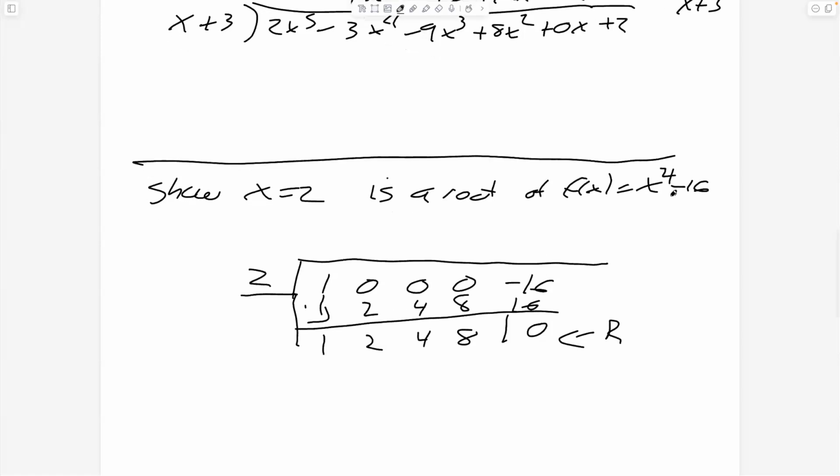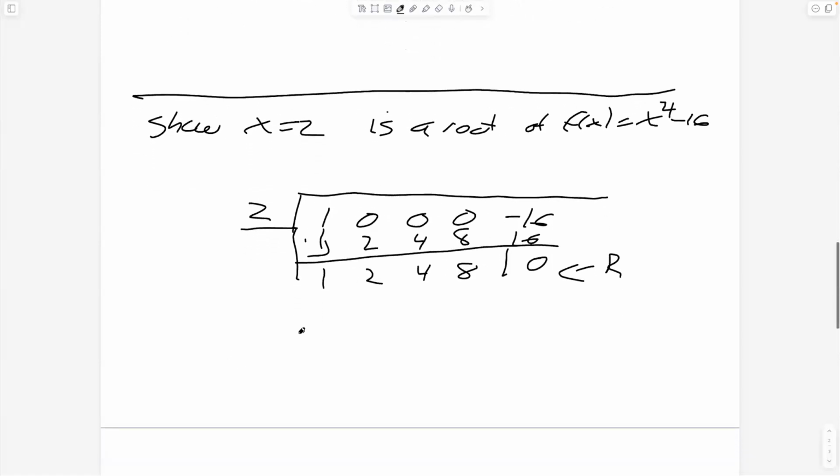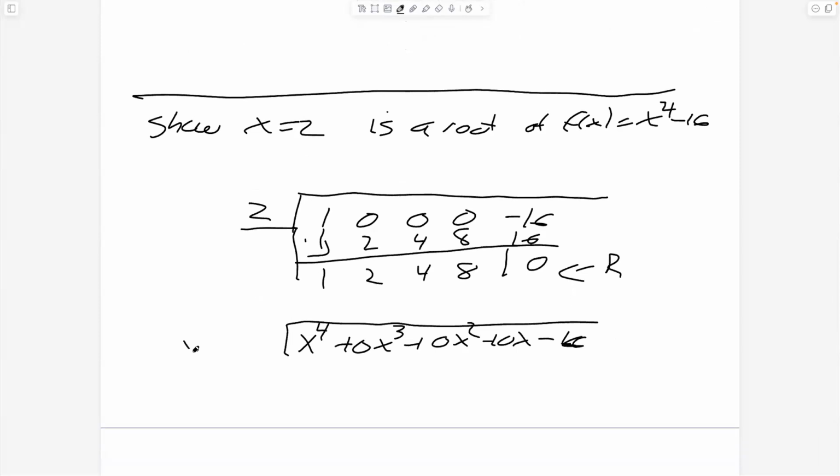We also have just figured out if we were to do x to the fourth minus 16, plus 0x cubed plus 0x squared plus 0x minus 16, and do long division on x minus 2, it's always x minus the guy you're considering. Here are the coefficients we would get, starting with the degree 1 less.